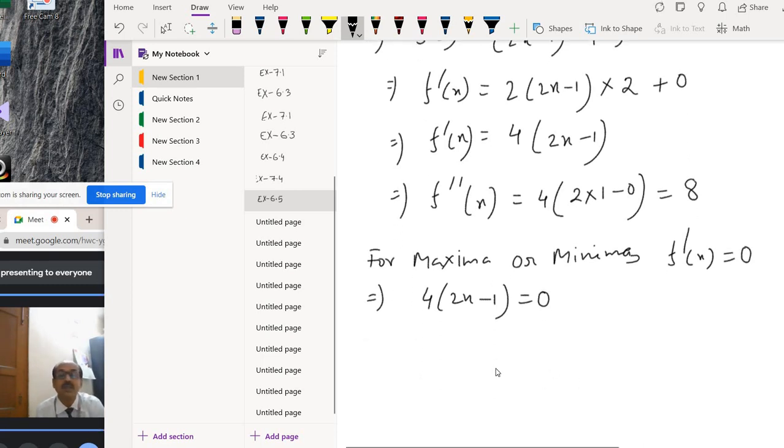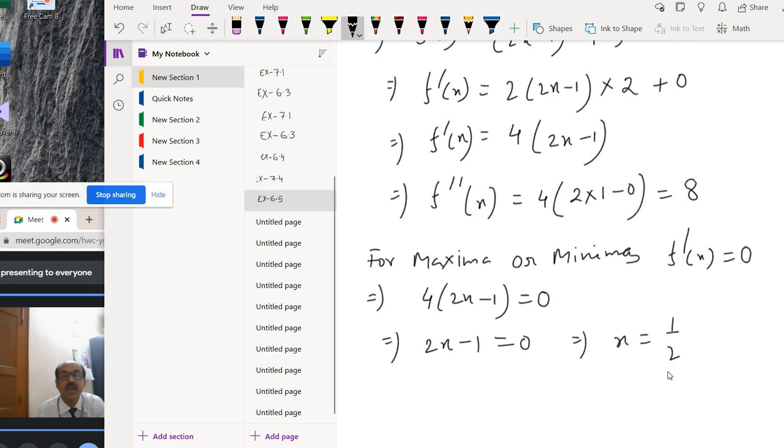So 2x minus 1 equal to 0, this means x equal to 1 by 2. This is the point at which the function has a minimum or maximum value. Now, x equal to half.